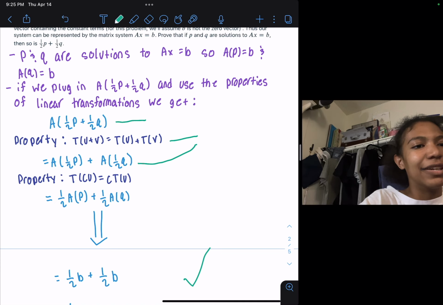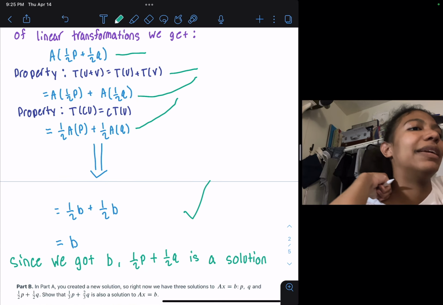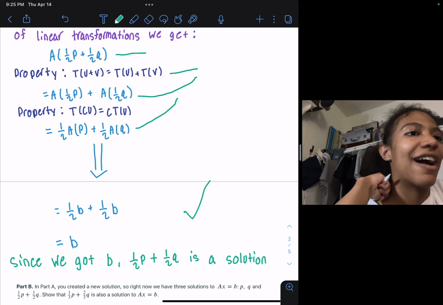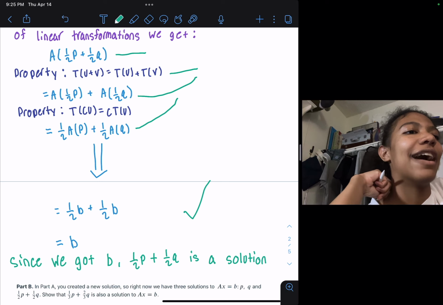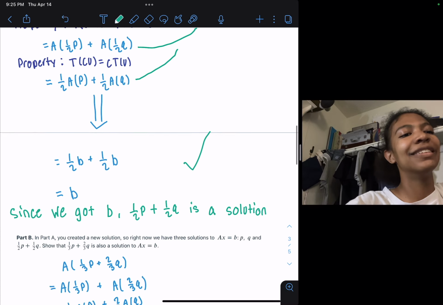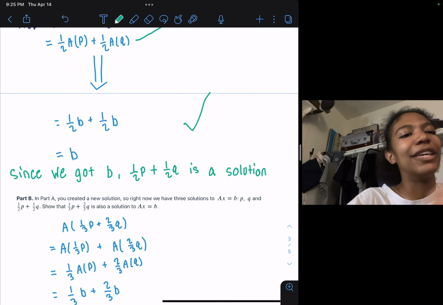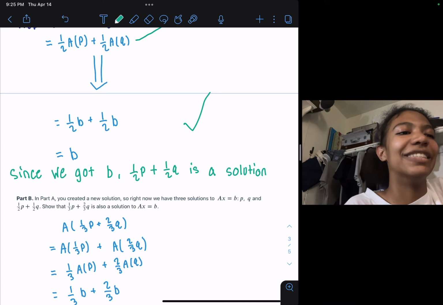After that, we can pull out the 1/2 with the distributive property. So you get 1/2 of Ap plus 1/2 of Aq. And after that, you get 1 over 2 b plus 1 over 2 b, and that equals b. And since we got b, we know that 1 over 2 p plus 1 over 2 q is a solution to the equation.